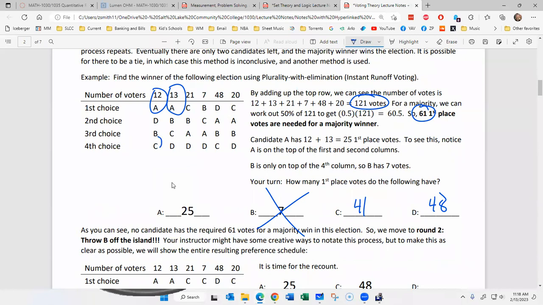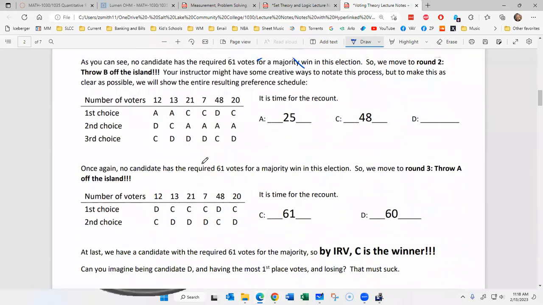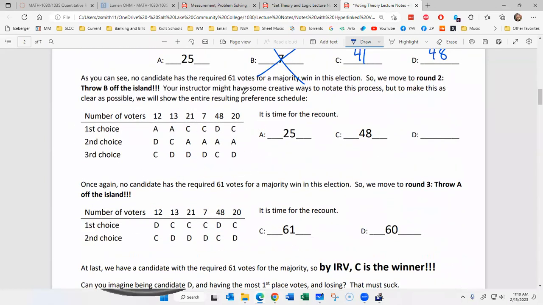So C and D both move up. A and D both move up. All of them move up. So everyone just kind of moves up to take up B's votes. And I have what's remaining, and I've rewritten it. It's one way to do it. Now the recount. D has still 48 votes.